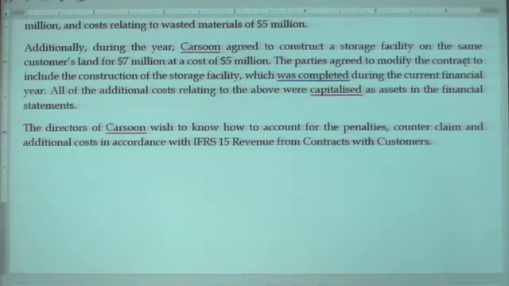Again, you have agreed to construct a storage facility under additional price and cost. You have two contract modifications here. Is that clear? The second contract modification, that is the agreement to construct a storage facility, both parties already agreed, and both scope and price will change. Therefore, no issue.